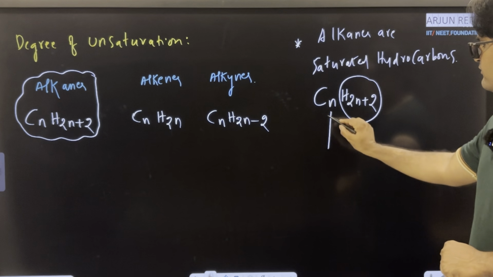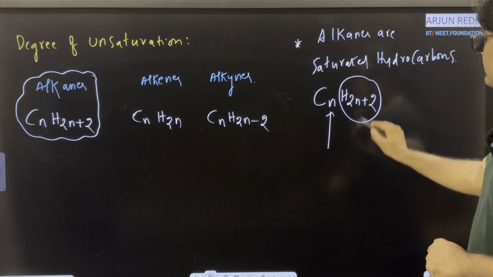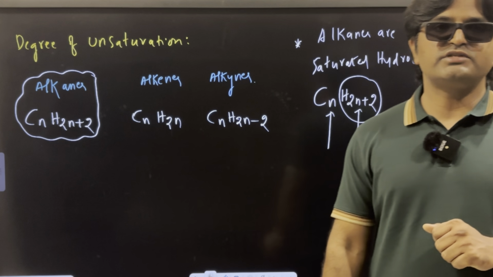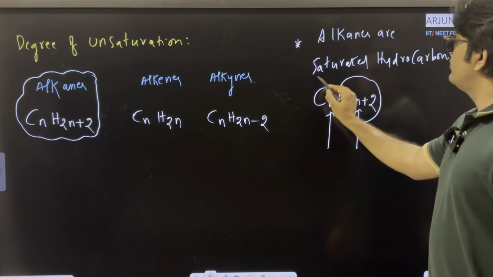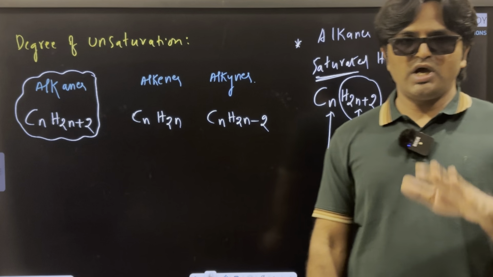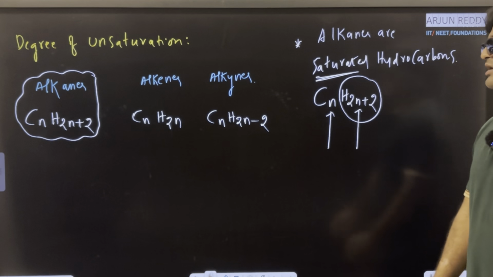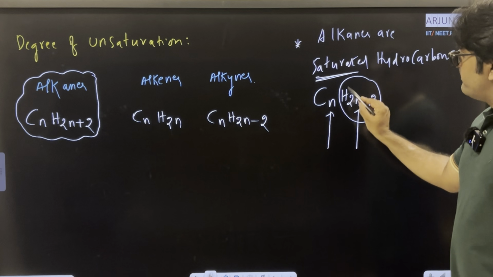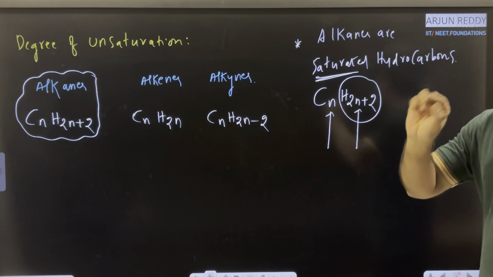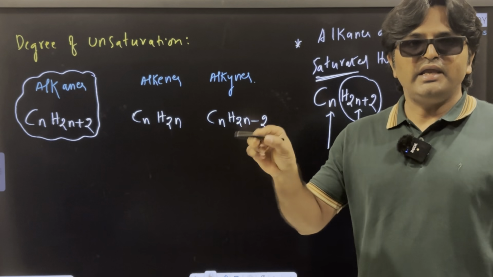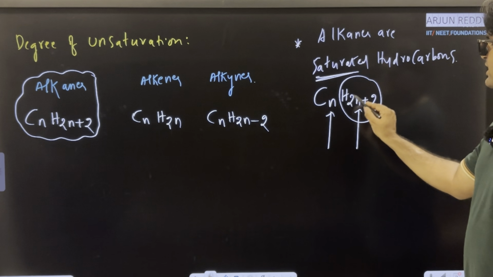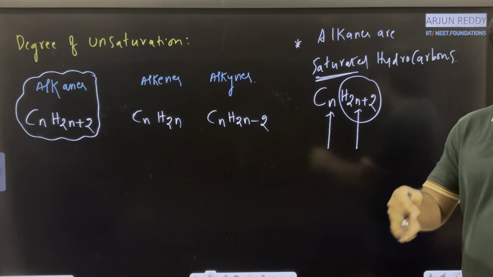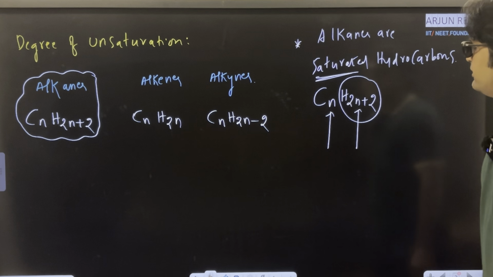On n carbon atoms, maximum 2n plus 2 hydrogen atoms are present. In a saturated hydrocarbon, the maximum we can arrange is 2n plus 2 hydrogen atoms on n carbon atoms. Then your compound is said to be a saturated hydrocarbon.